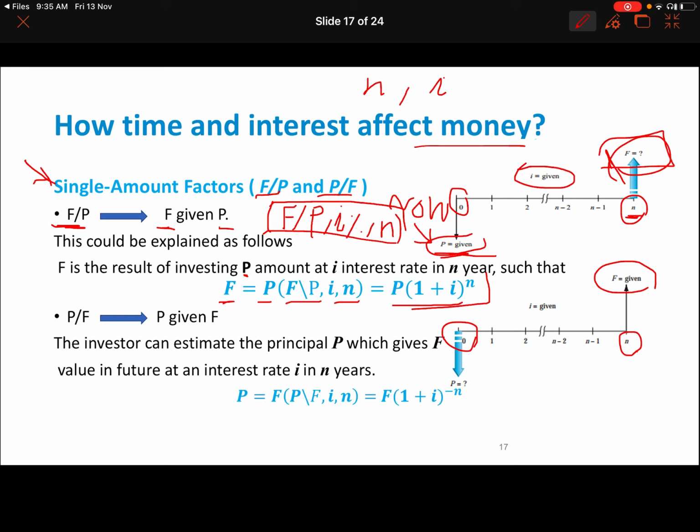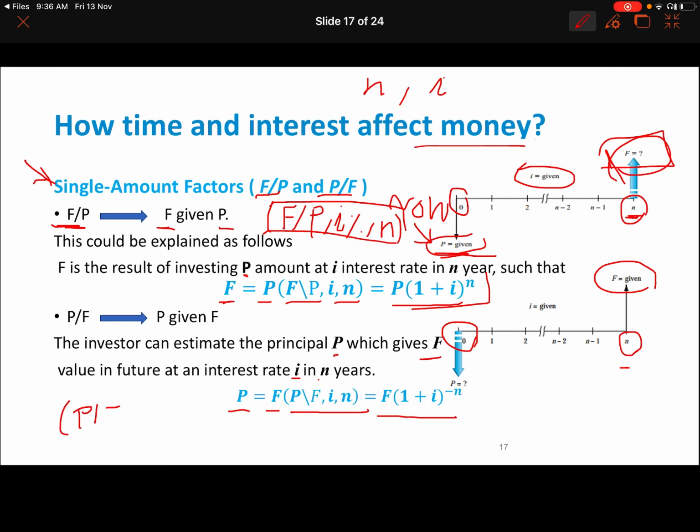So the investor can estimate the principal that gives F after n years at interest rate I by the same way, which is P equals F multiplied by P given F, I and N. The formula is F multiplied by (1 plus I) to the power negative N. Okay?